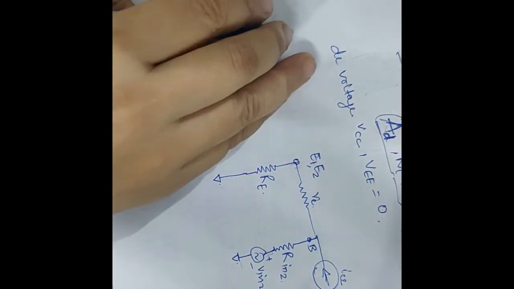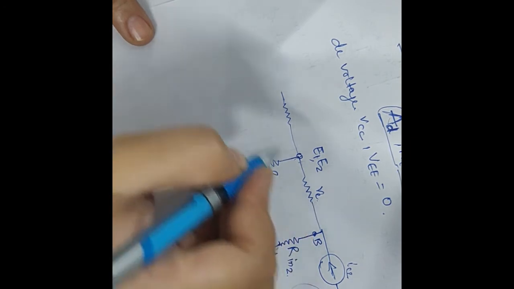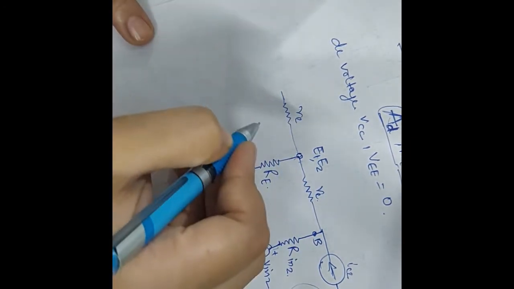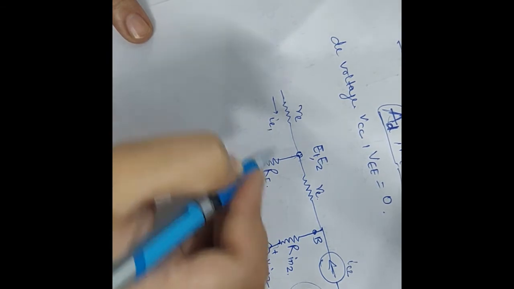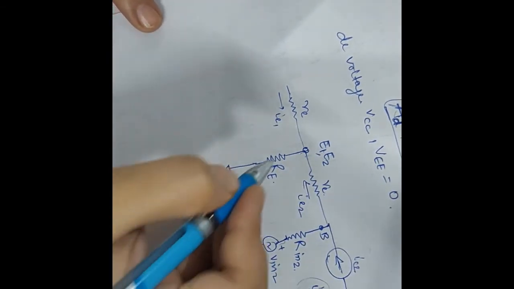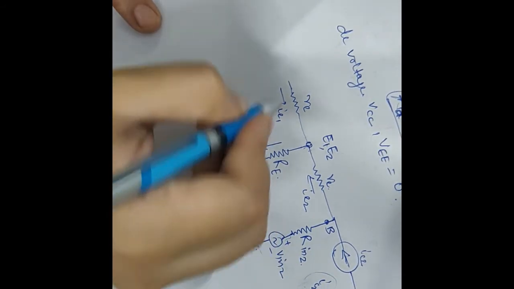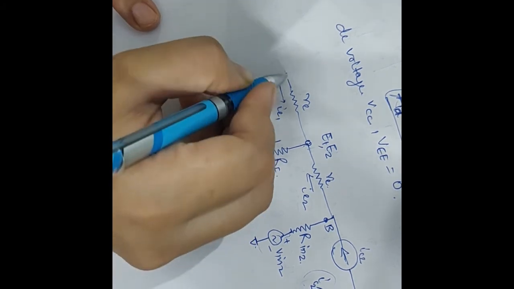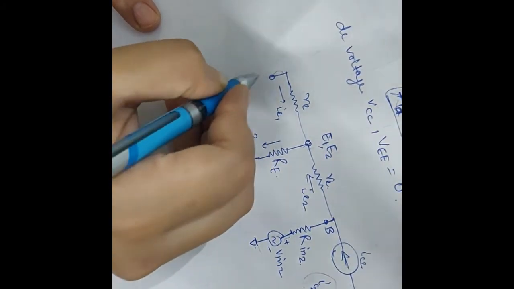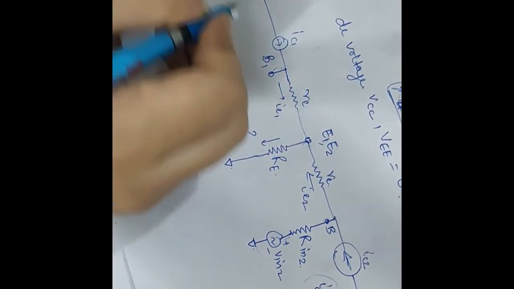Then I'll draw the replica diagram for transistor 1. This again has a similar value of IE. The current passing through this is IE1, and here the current passing through is IE2. Both currents flow through this point. So here is the base 1, and at the collector side you have again a current terminal of IC1 value.